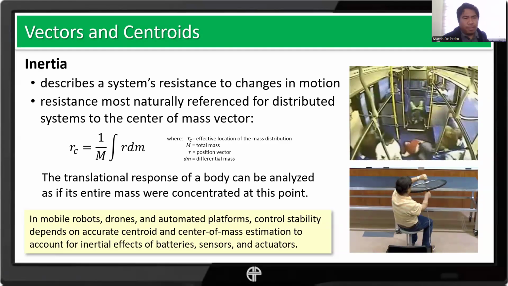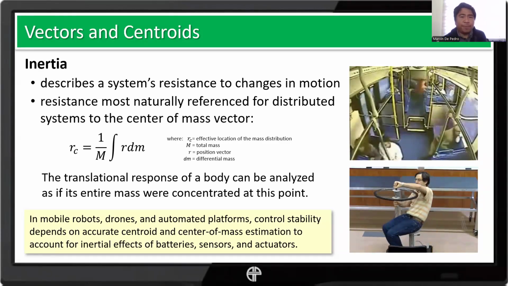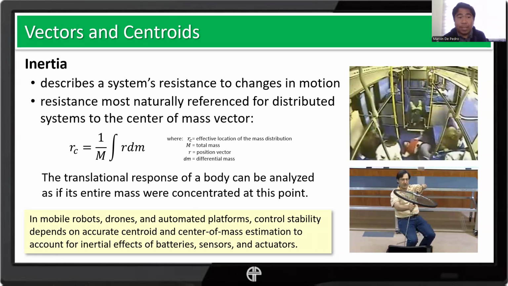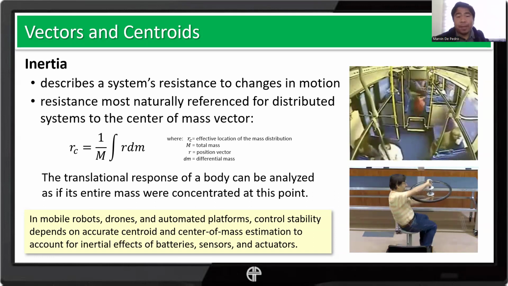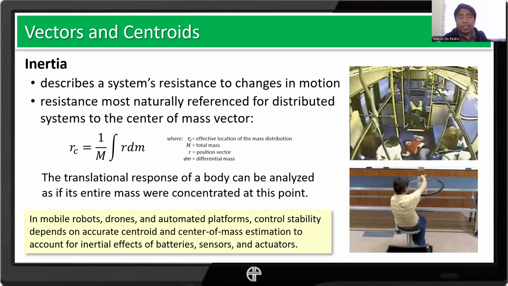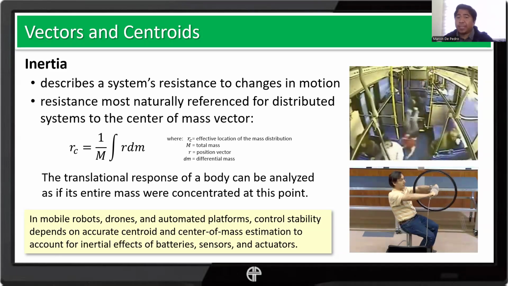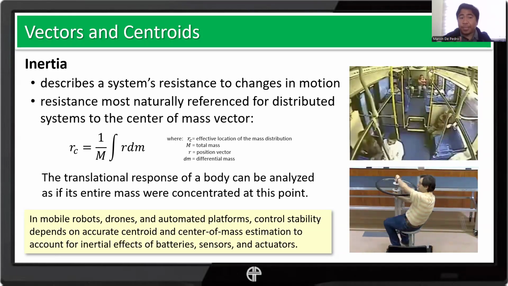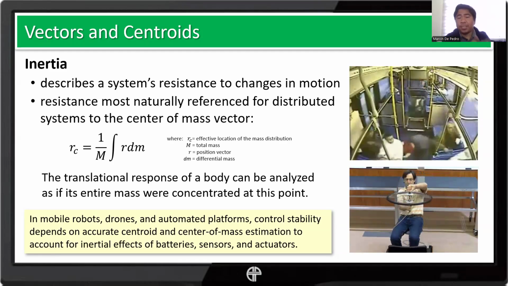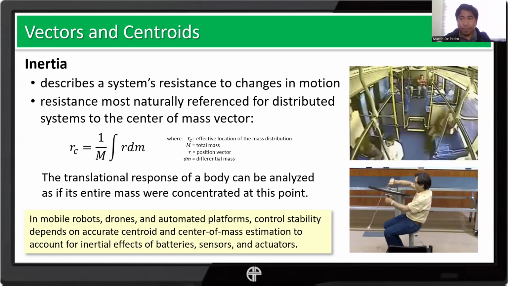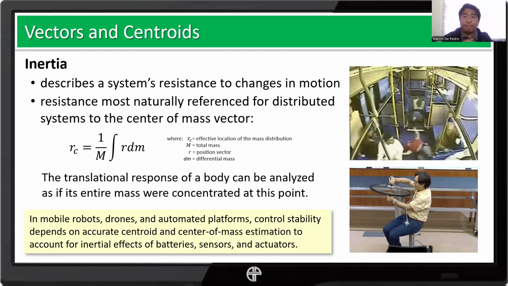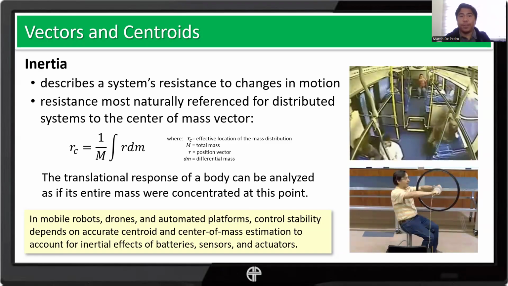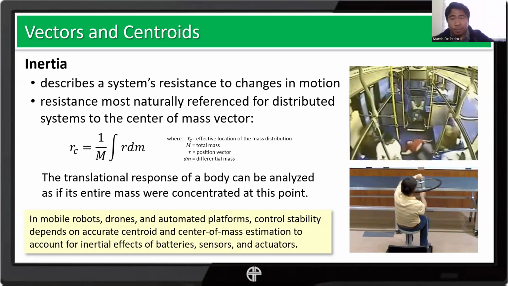In mobile robots, drones, and automated platforms, control stability, which is a very important property of a system, depends on accurate centroid and center of mass estimation to account for inertial effects of batteries, sensors, actuators, and different motions that may be involved in their operations.